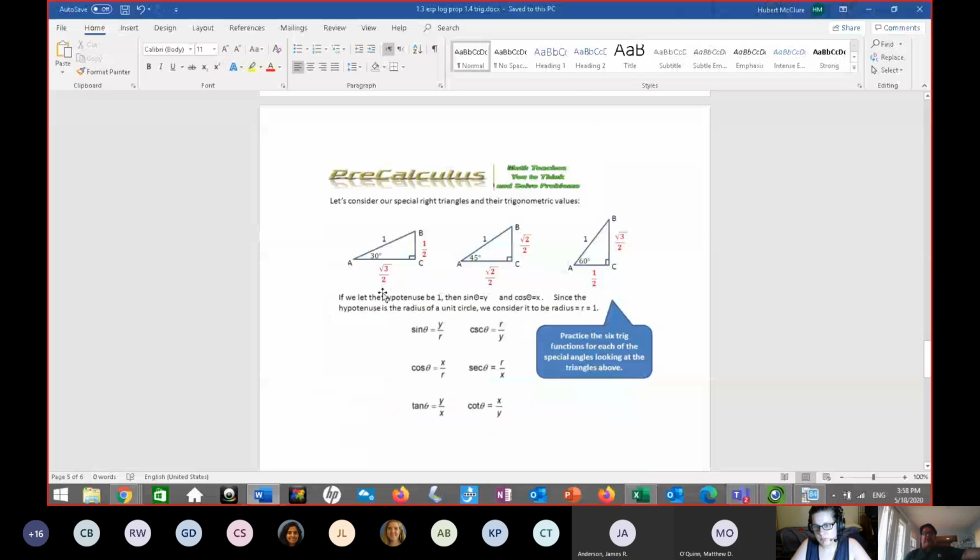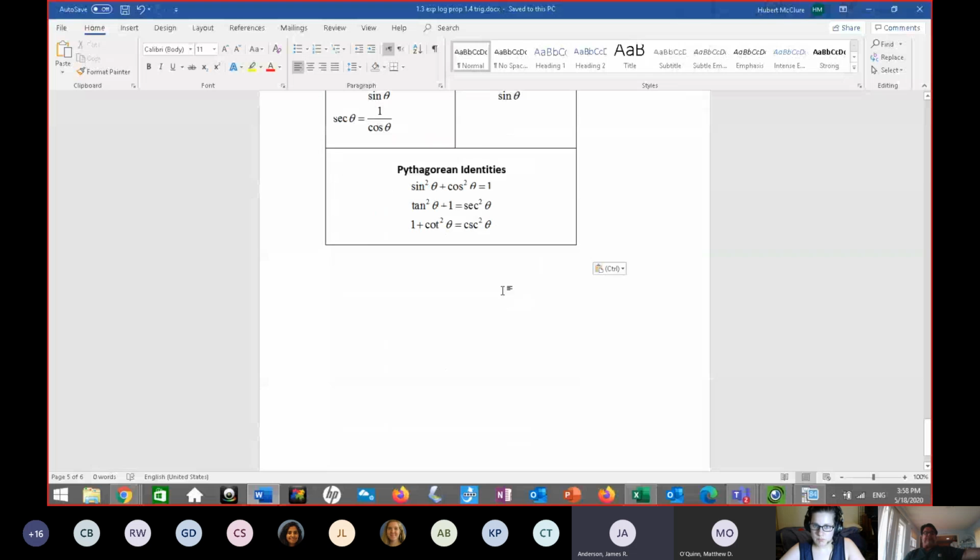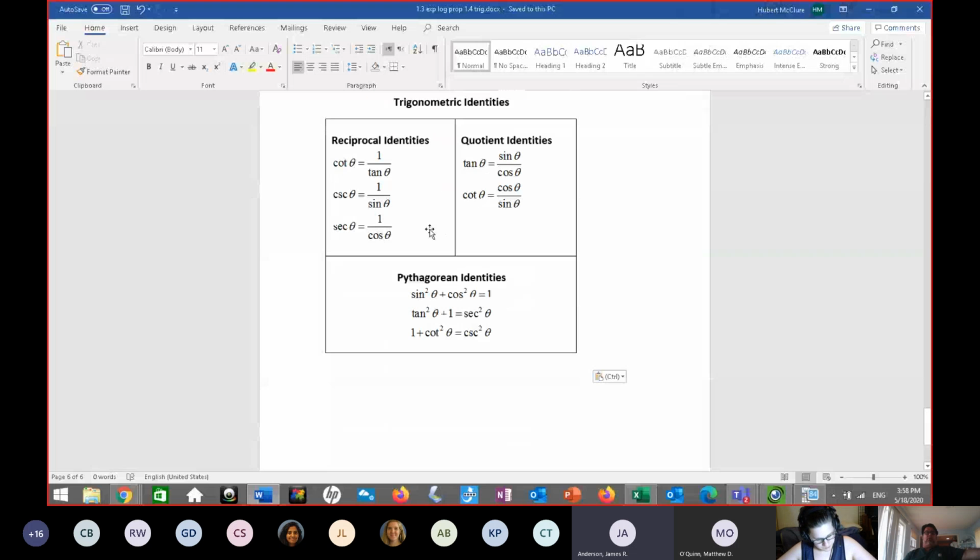I meant your special angles and your basic reciprocal identities. Now I'm going to try to get through to 1.4 today, because we need to get into chapter 2. That's where most of your unit 1 test is going to come from, chapter 2. So make a note of that.